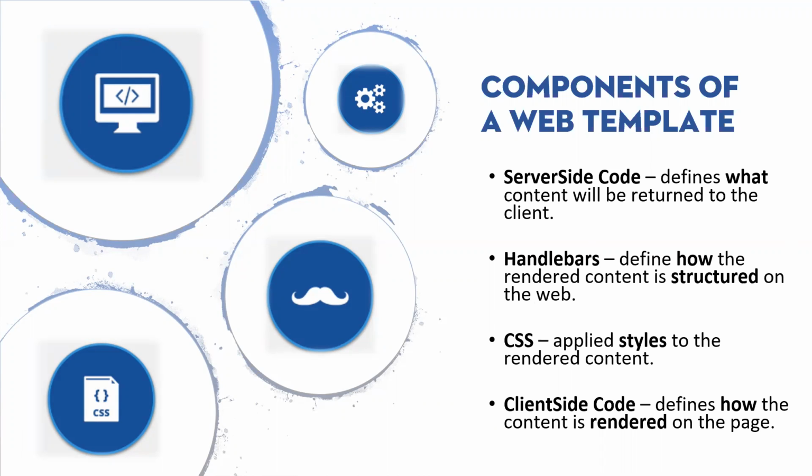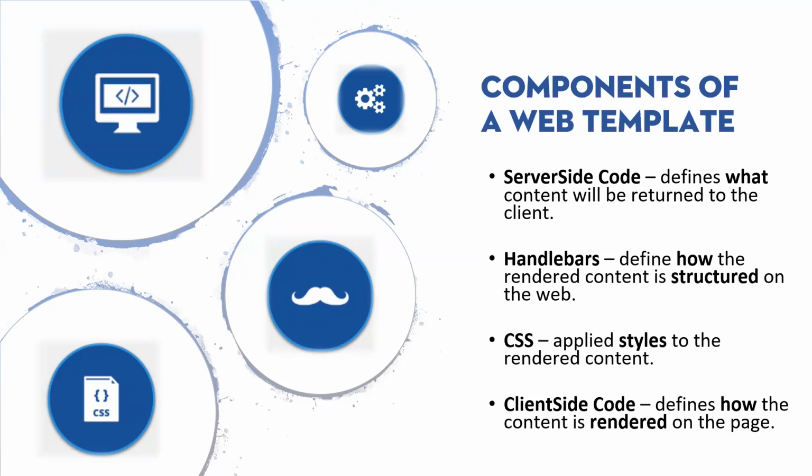You also have the option of handlebars, where you define how the rendered content is structured on the web. CSS might be clear to you because it's just styling of the rendered content, like which color the button will be, its font, etc. And then the client-side code defines how the content is rendered on the page.